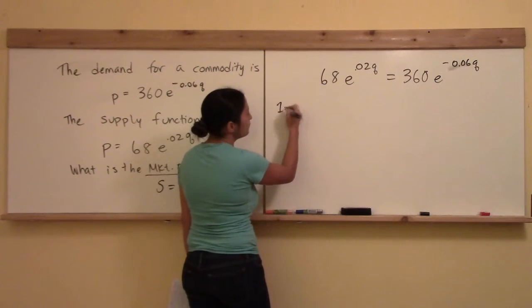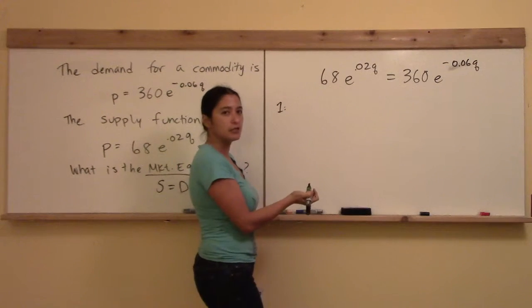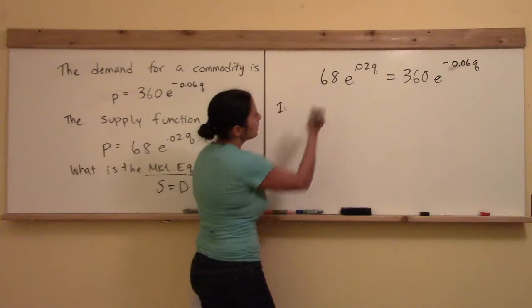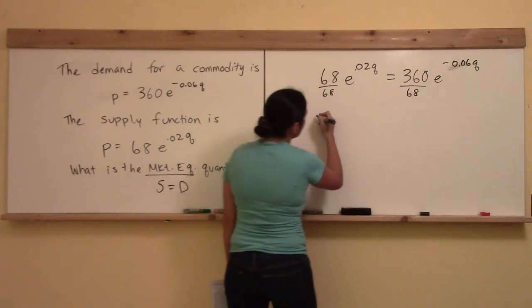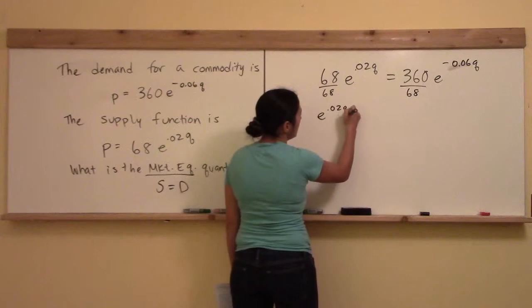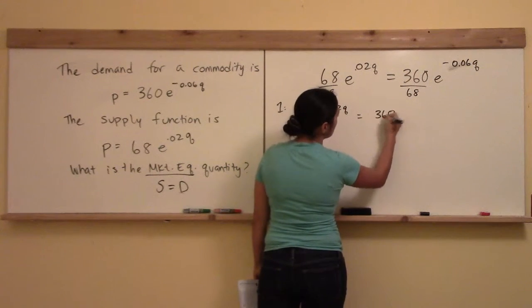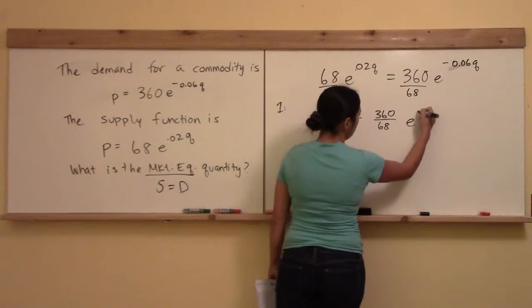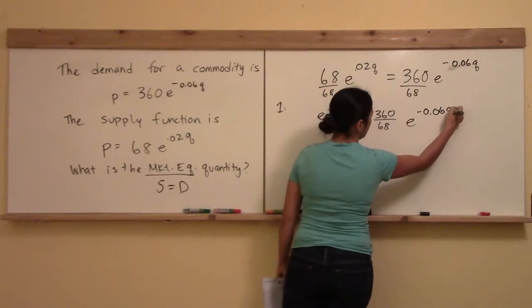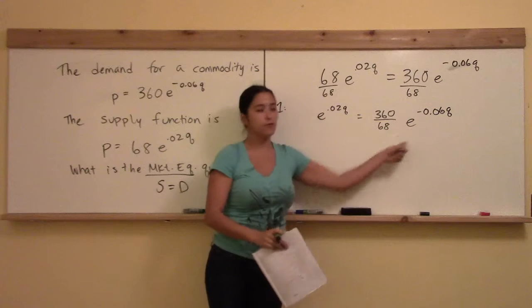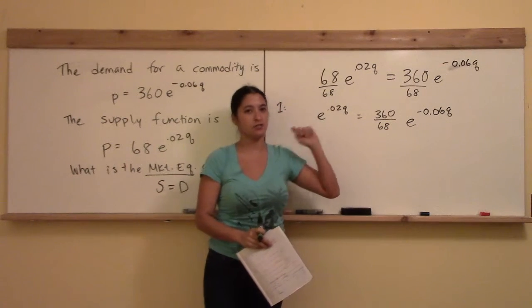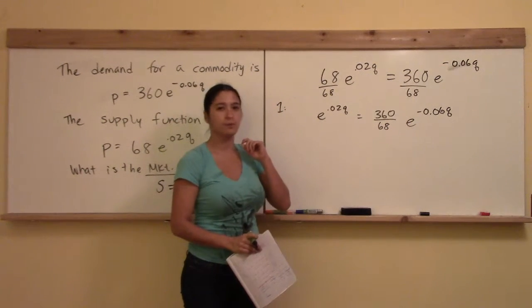So step one, which is isolating the exponential term: how about I divide both sides by 68 like this? I'll start out like that to say that's 360 over 68 times e to this. Now, how do I get the other exponential term over here so that I have isolated just the single one? What did you do?